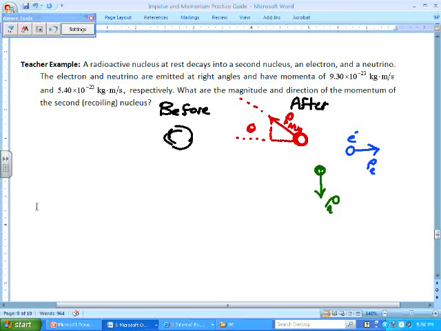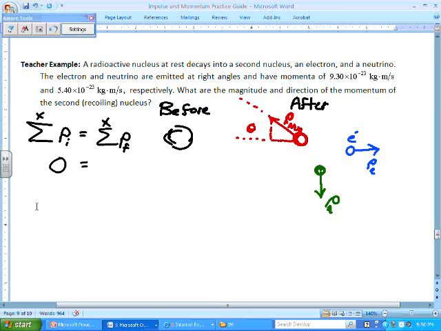So let's break it apart into the sum of all of our x momenta and the sum of all of our y momenta. Initial equals, so 0, really, right? Initial momentum 0 is going to equal your final momentum, which is in the x direction.